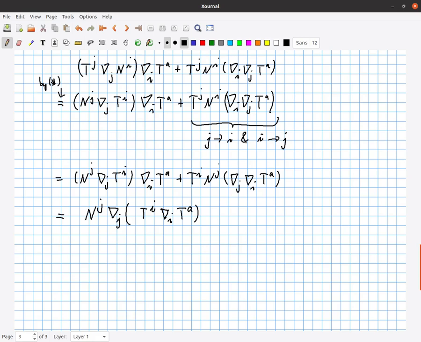Let's have a look whether this is correct. So one of the terms would be n^j nabla_j t^i times nabla_i t^a. That's the first term. And the second term is n^j t^i nabla_j nabla_i acting on t^a. So this is correct by the product rule.